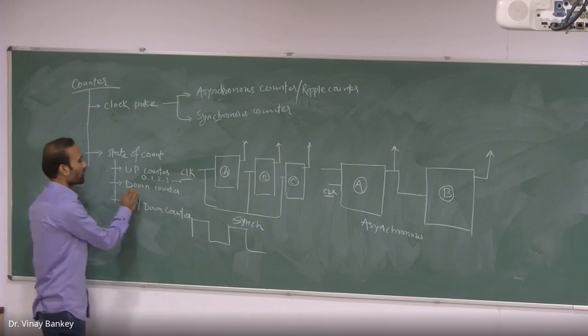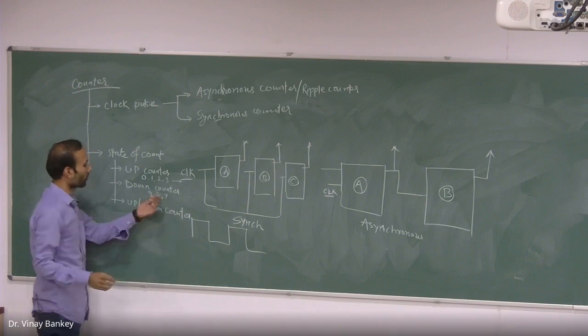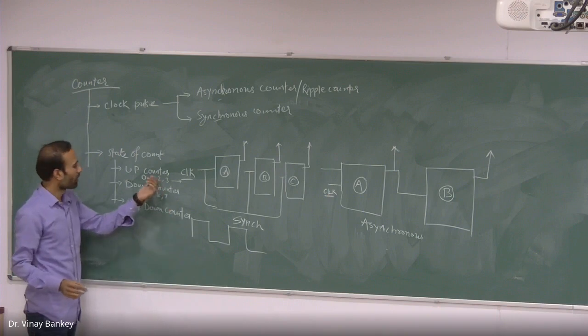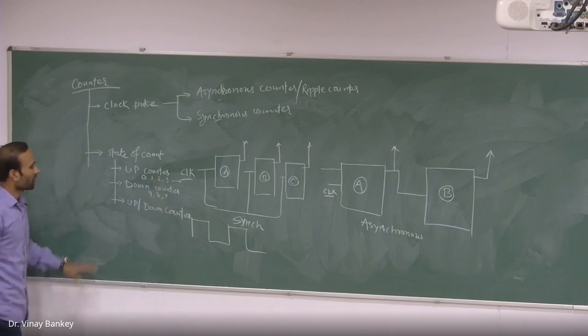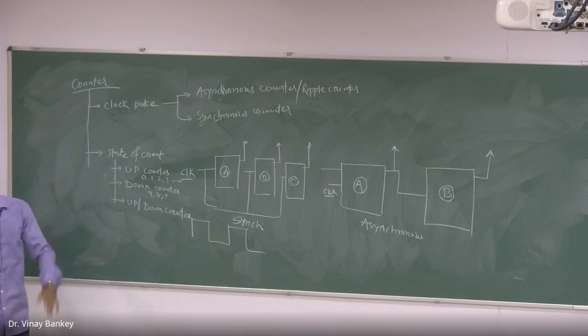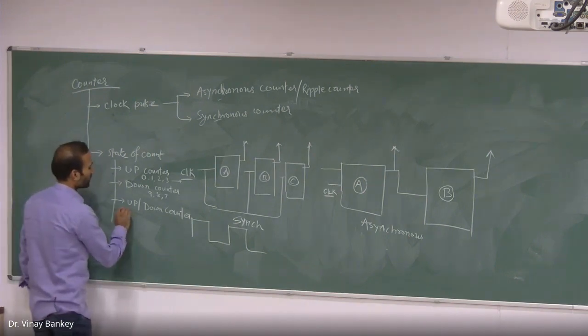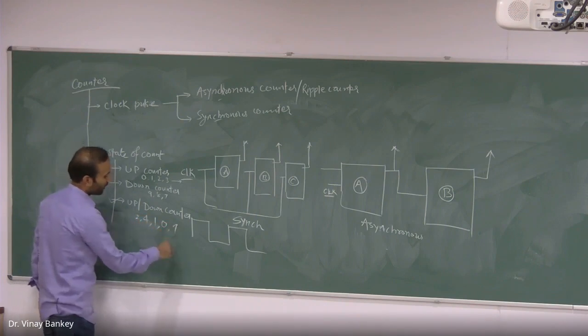The down counter will count from a higher number of state to a lower state, that is 9, 8, 7. It may be 4, 3, like this. This may start from 2, 3, but the counting will be in this order, ascending and descending orders. And the third one is up and down. So it may count 2, 6, 1, 0, 9, like this.